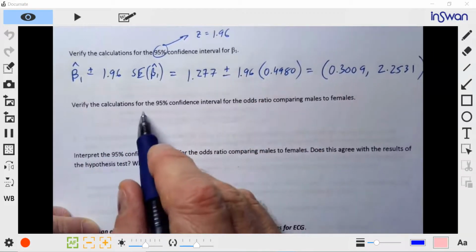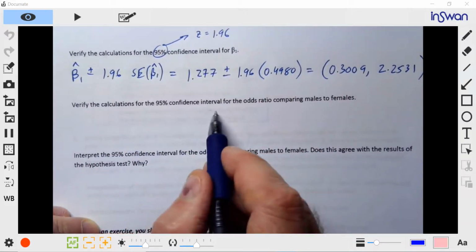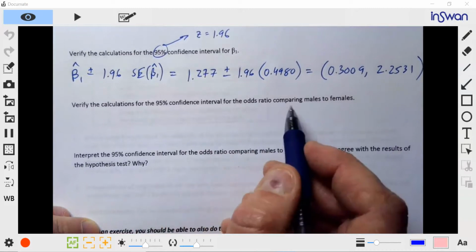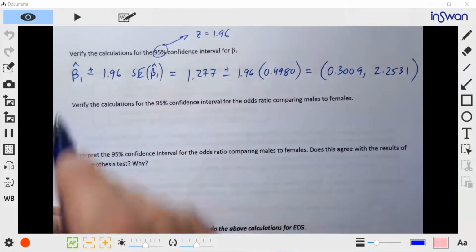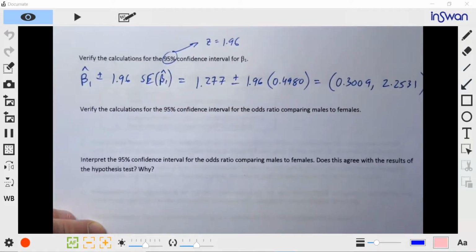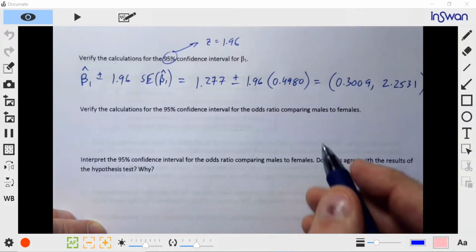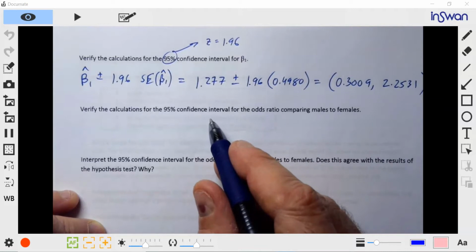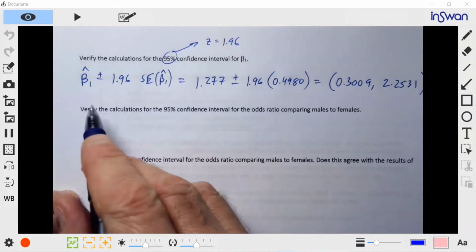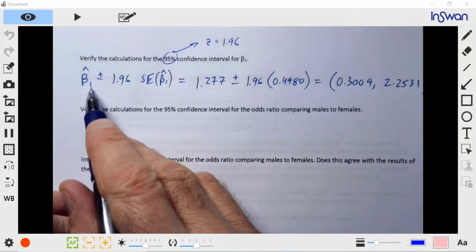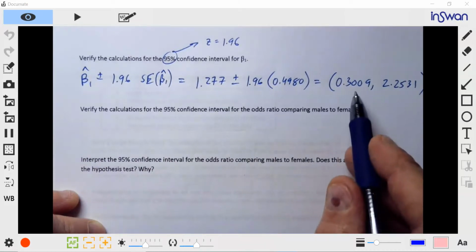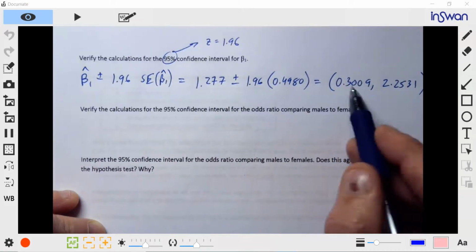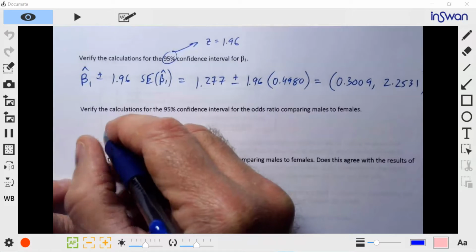Now we can verify the calculation for the 95% confidence interval for the odds ratio comparing males to females. Beta 1 is the parameter for comparing males to females. To get the odds ratio, we can exponentiate beta 1. To get the confidence interval for the odds ratio, we can just exponentiate the confidence interval for beta 1.